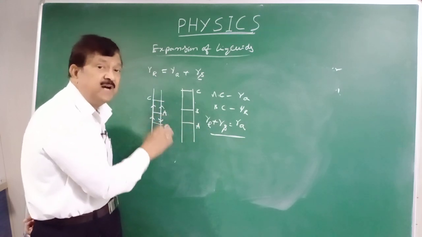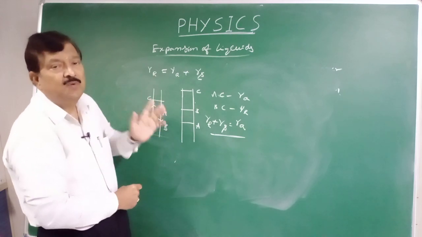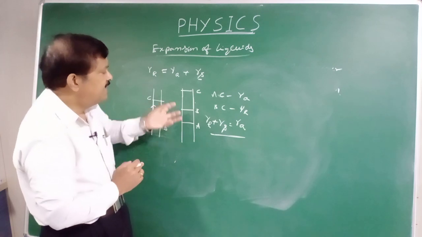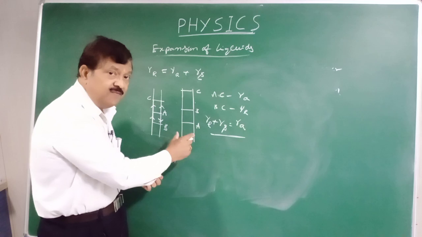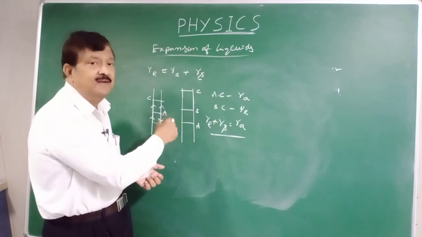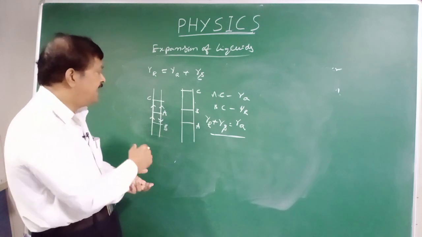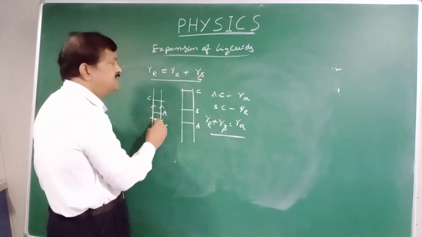Only this is possible in a container which contracts on heating, because the liquid level is increasing without increasing the volume of the liquid. Only because of contraction of the container, the expansion appears to be very large. So in general, in any container which expands on heating, this equation will be as it is.